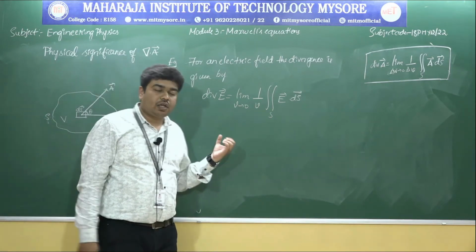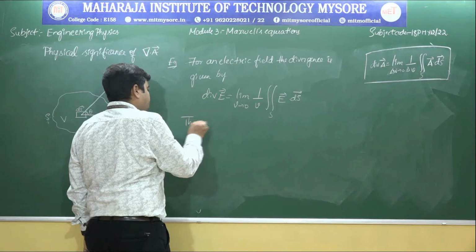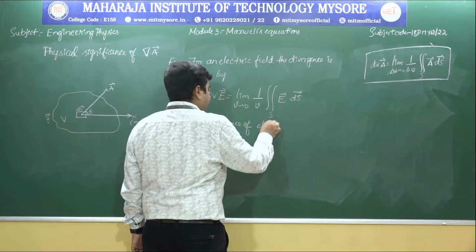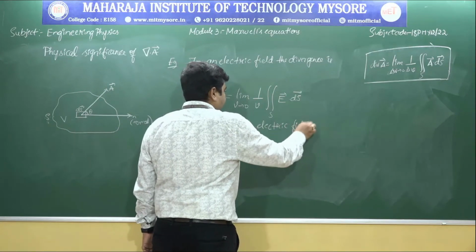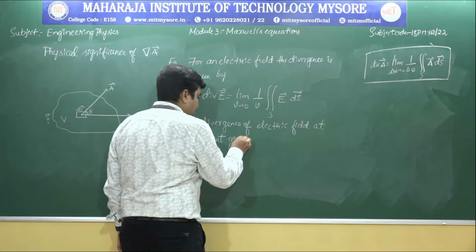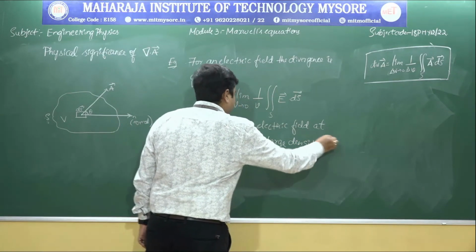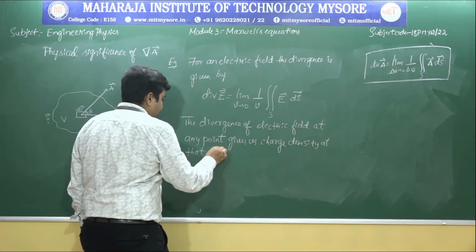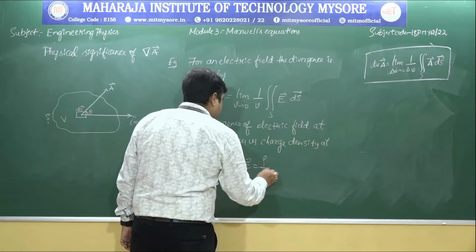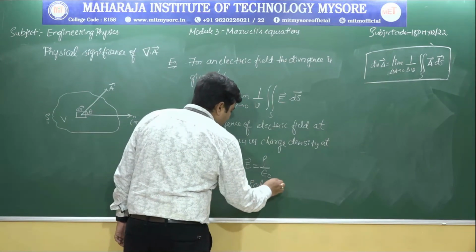Now if you consider the divergence of the electric field at any point inside the vector field, it will give us the charge density at that point, given by del dot E is equal to rho by epsilon naught, which is a scalar quantity.